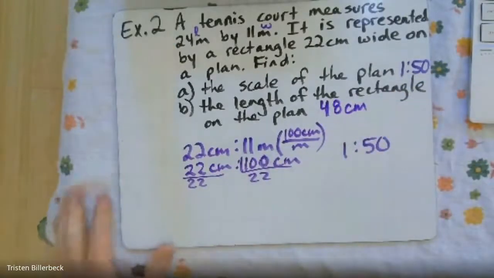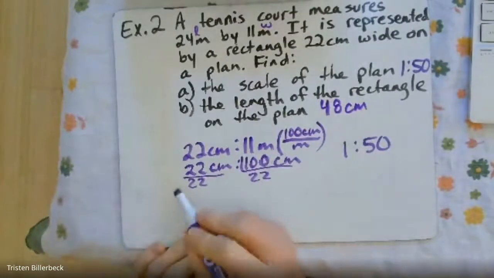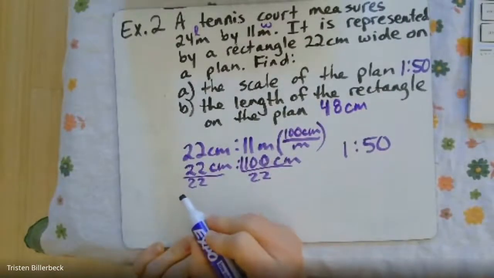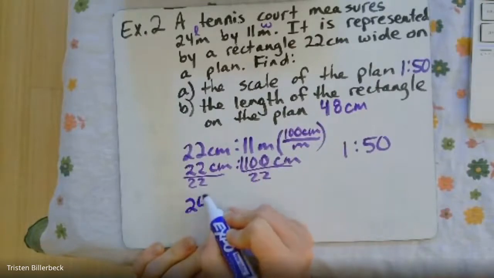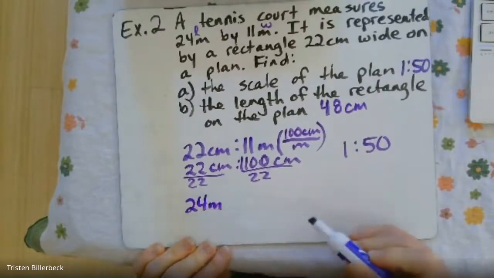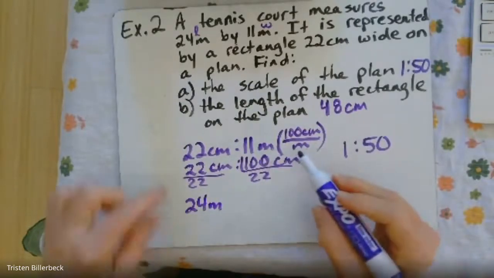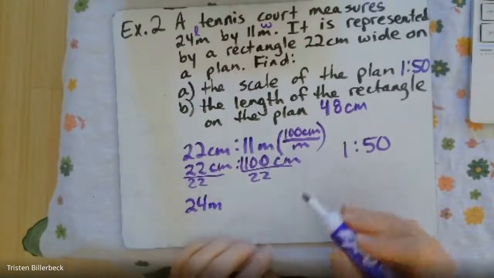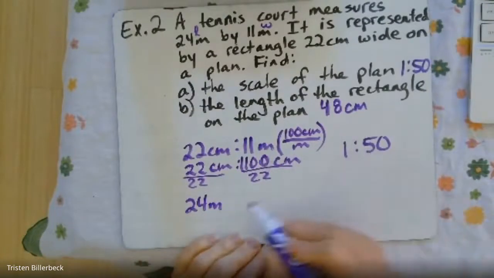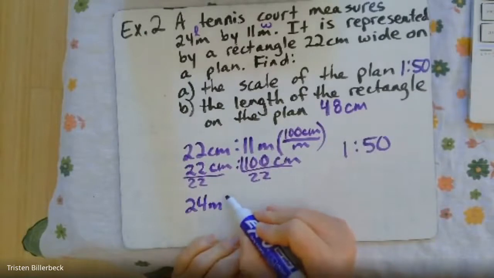Okay, so now let's do it their way. All right, so we have 24 meters. And we don't know what that's going to be compared to, but we can do this ratio here, which is 50 to 1.